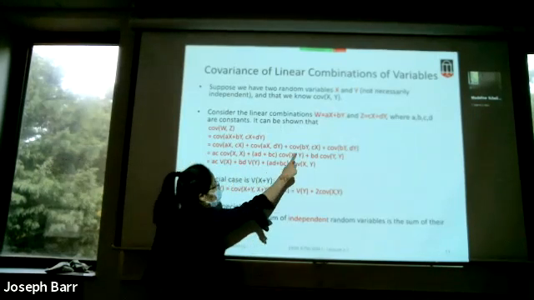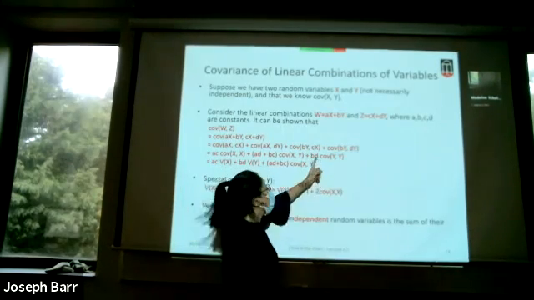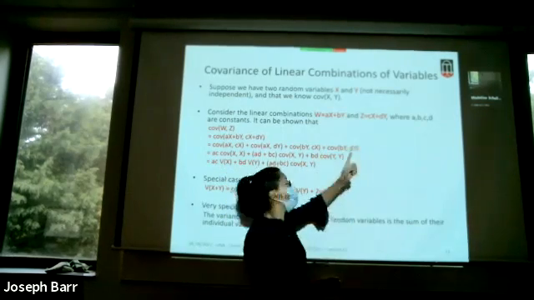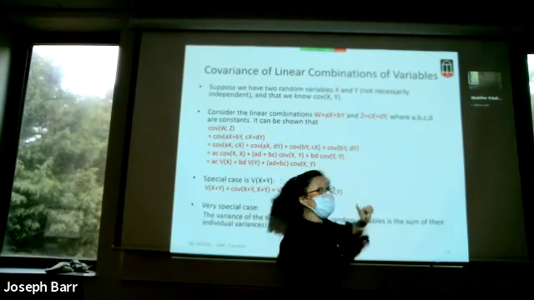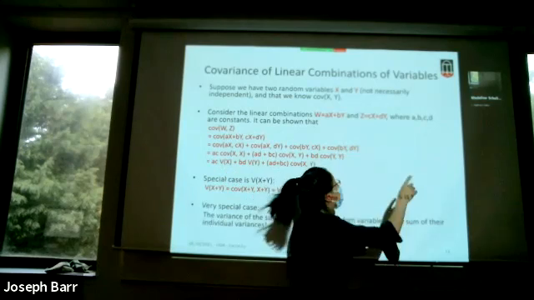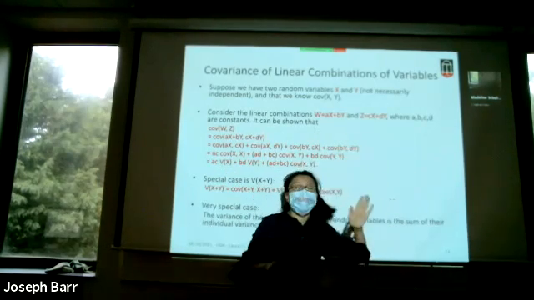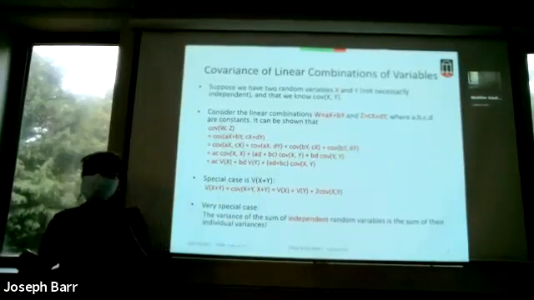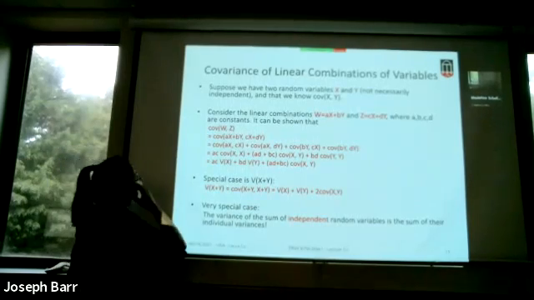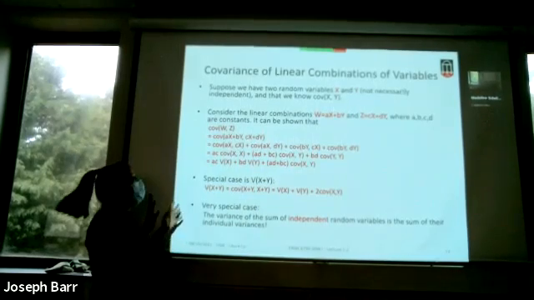If we know that W is a linear combination of X and Y, we can use different ways, A or B, to combine X and Y together to get W. Z is another random variable, which is another linear combination of X and Y. So here we have C and D. So W and Z are linear combinations of X and Y, and A, B, C, D here are all constants, not variables.